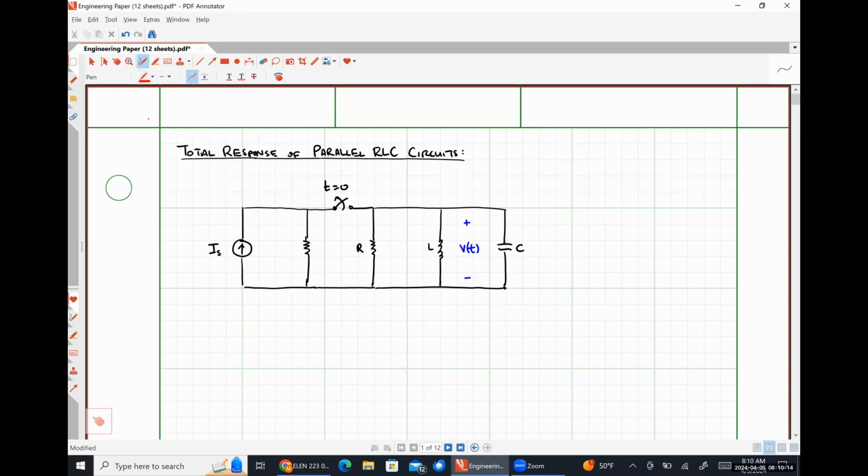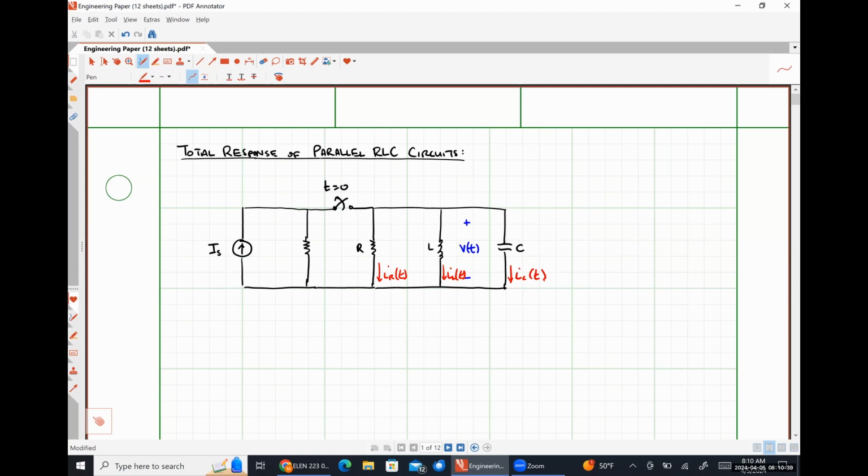I'm also going to define some currents. This will be my resistor current I_R, here's my inductor current I_L, and here's my capacitor current I_C of t.